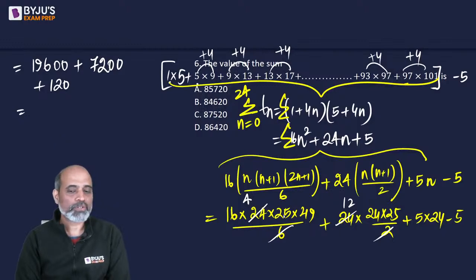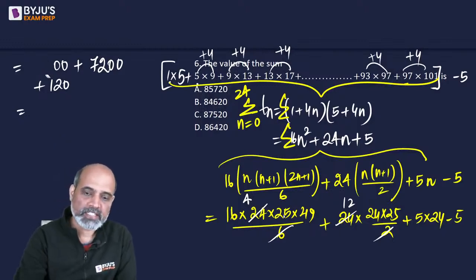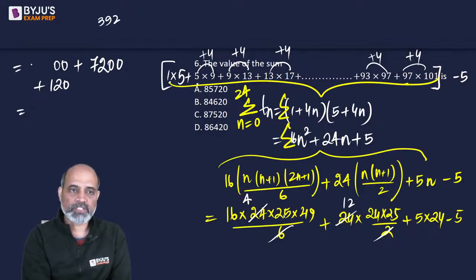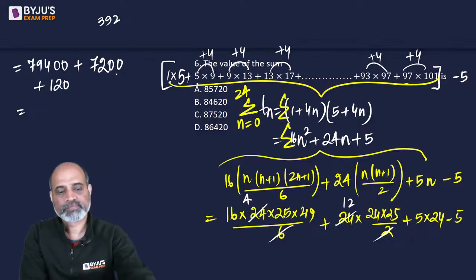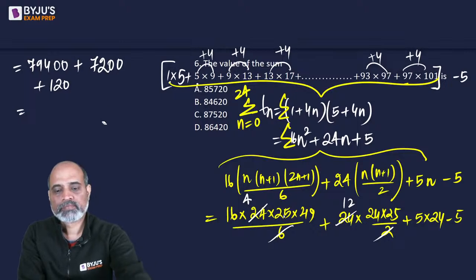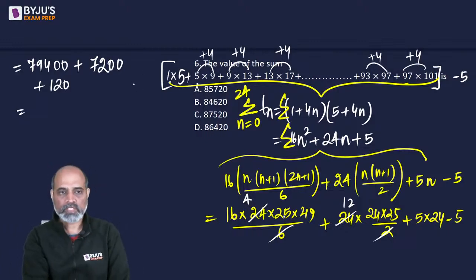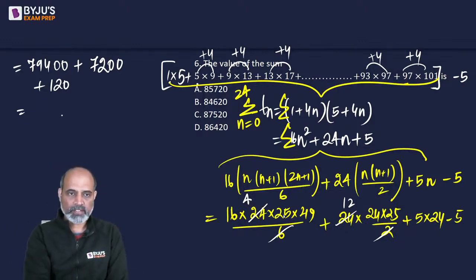So which is going to become 196 ka double, which is 392, and 392 ka double, which is 794. ठीक है. So this is going to give us 86.